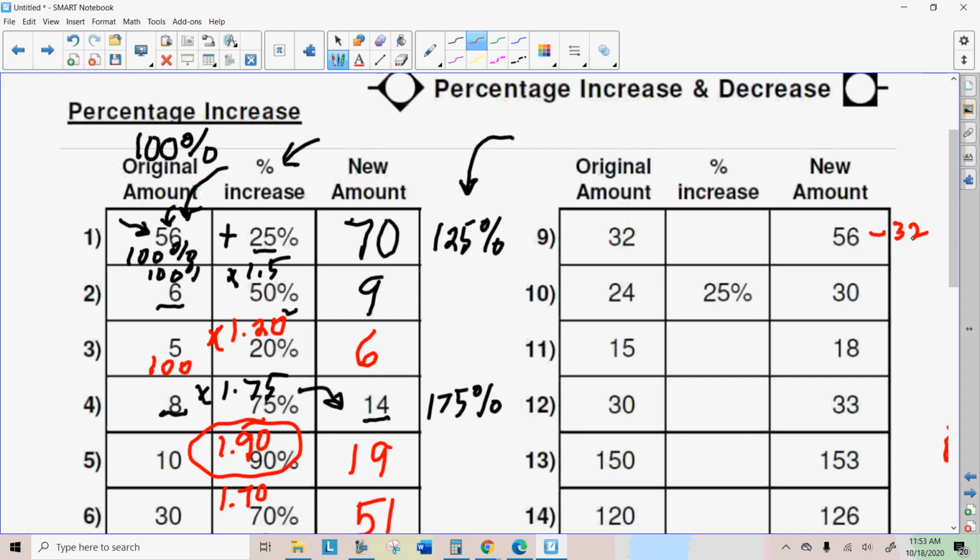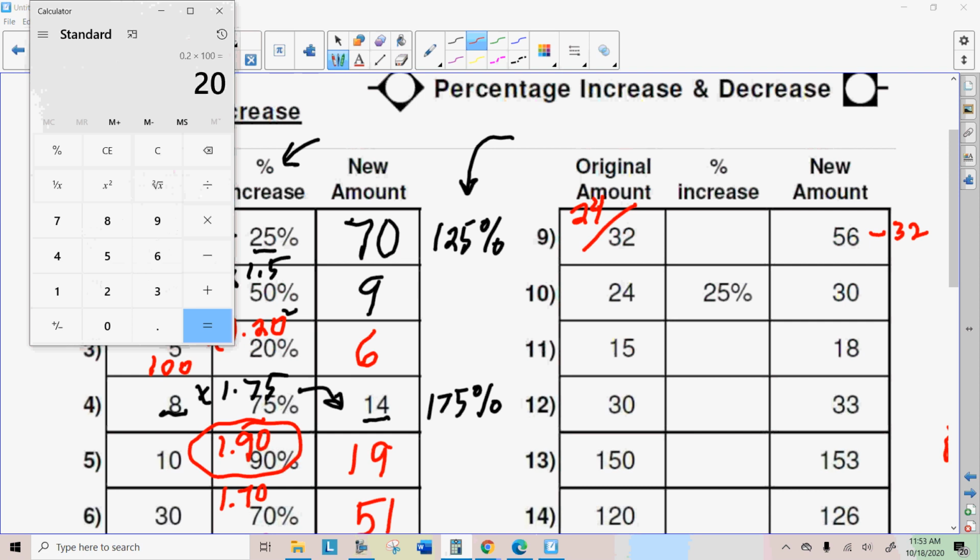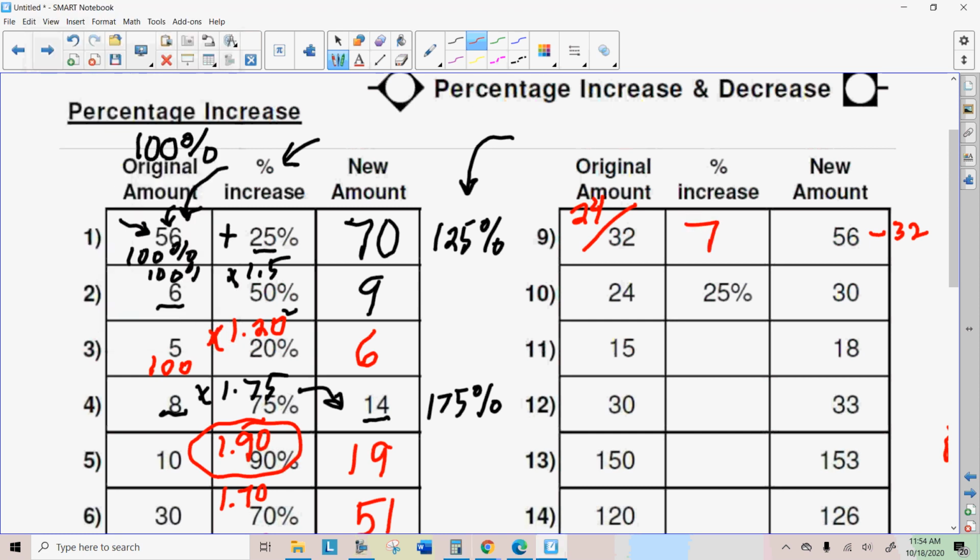So 56 minus 32 is 24, and that's your part, and then your whole is the original amount, so 24 out of 32. Well, my shortcut would be just divide 24 by 32. And then move the decimal over 2 places, which mathematically is multiply by 100. So this is a 75% increase.